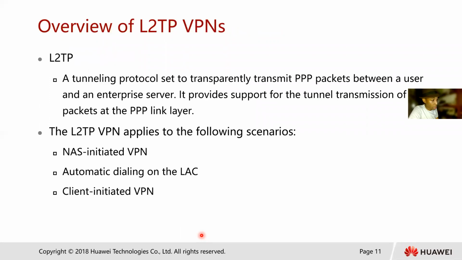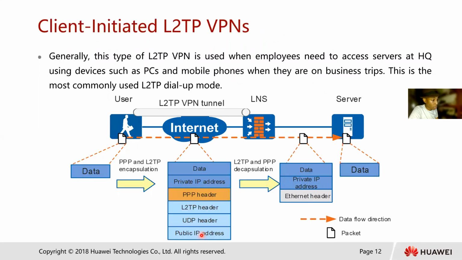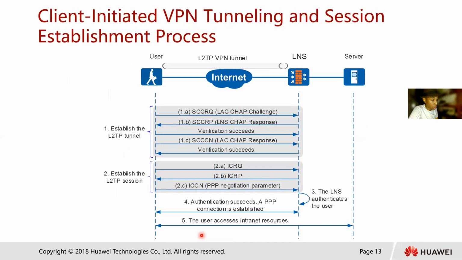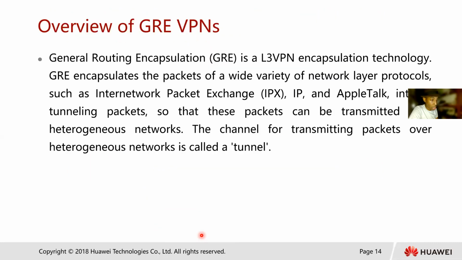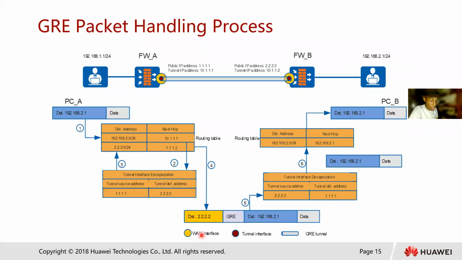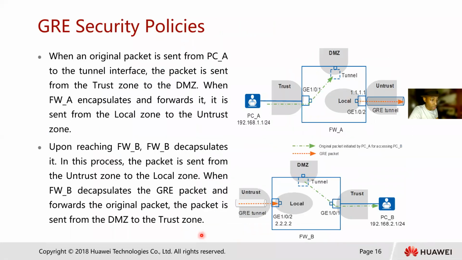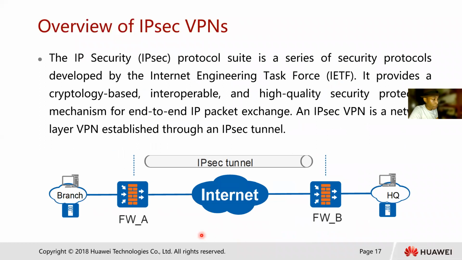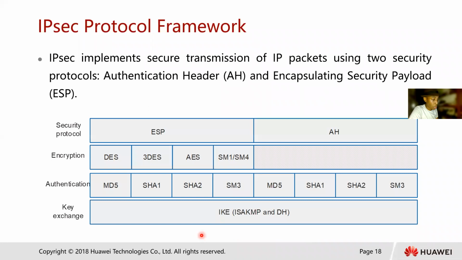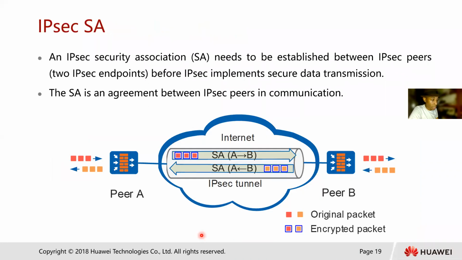More details are there: the layer 2 tunneling protocols, how they work. We also have the GRE packet handling process and some of the security policies around it. We also have the IPsec VPNs. You can look at the protocol framework of IPsec, and IPsec Security Association is also here in a lot of detail.